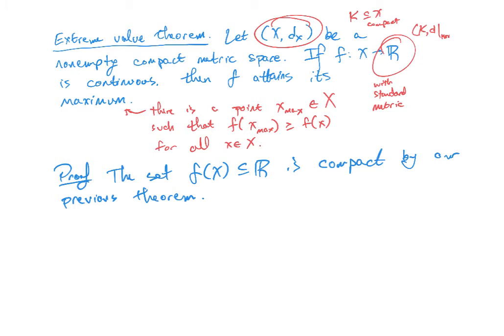Any compact set in any metric space is closed and bounded. So this range is closed and bounded. And now also we assumed X was non-empty, so F of X is non-empty.